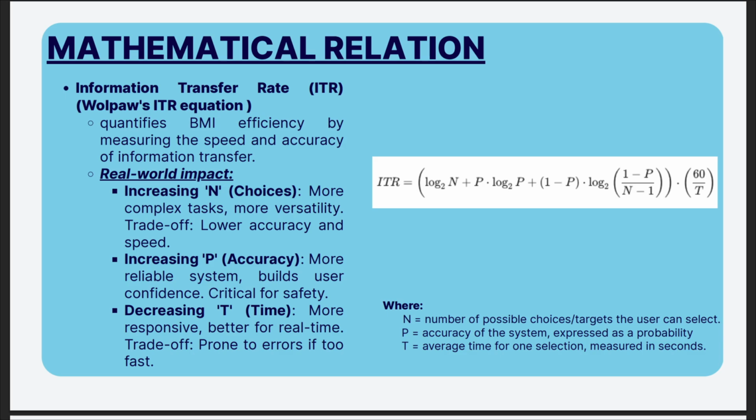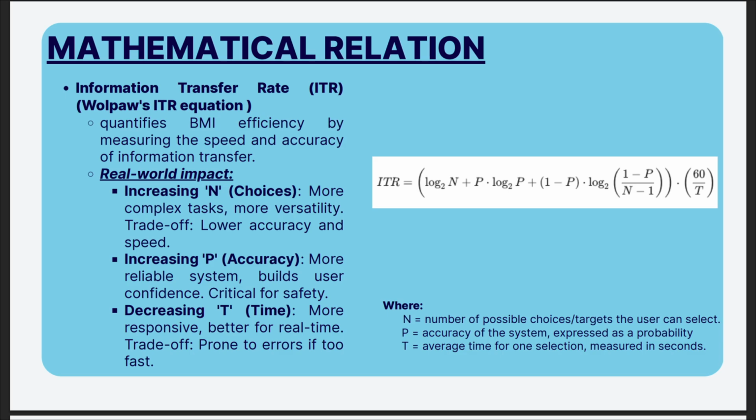The real-world impact of these three values with respect to this equation is that when the value of N increases, the complexity and versatility increase. However, the trade-off being that when the value of N gets higher, you get lower accuracy and speed due to the higher number of actions and decisions needing to be processed and taken. Now the P value.